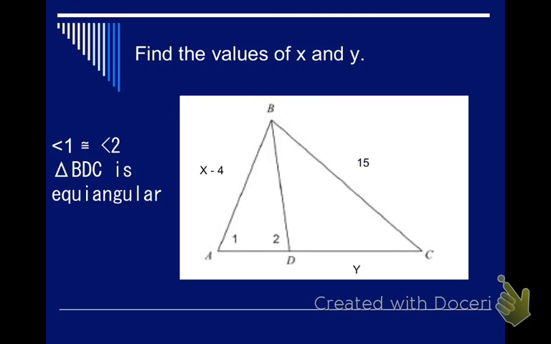Last example, find the values of X and Y. Based on the diagram, angles 1 and 2 are congruent. So we've got some congruent angles there. And triangle BDC is equiangular.